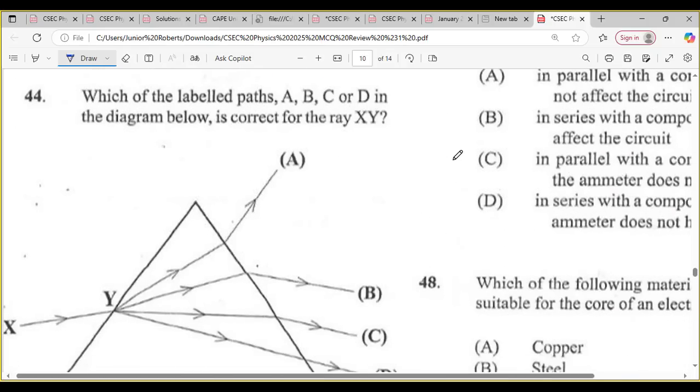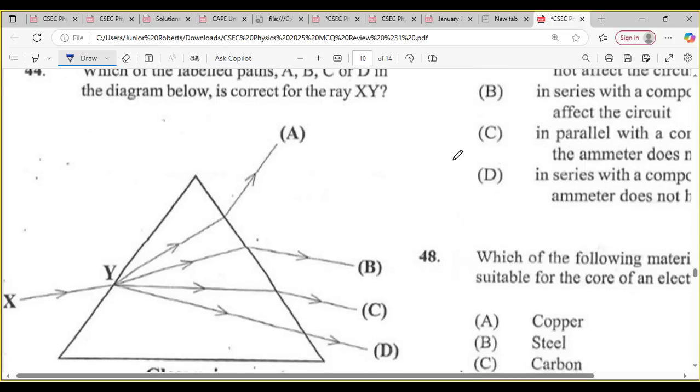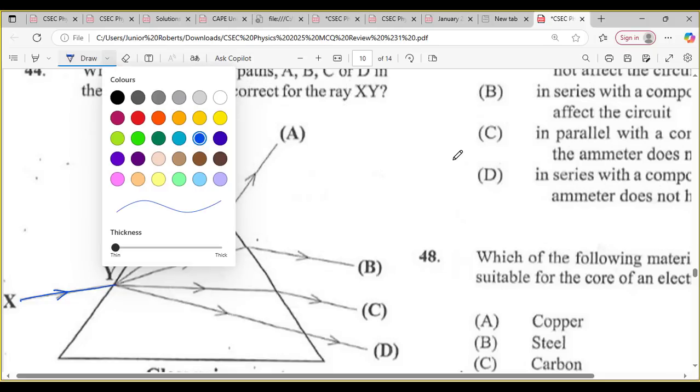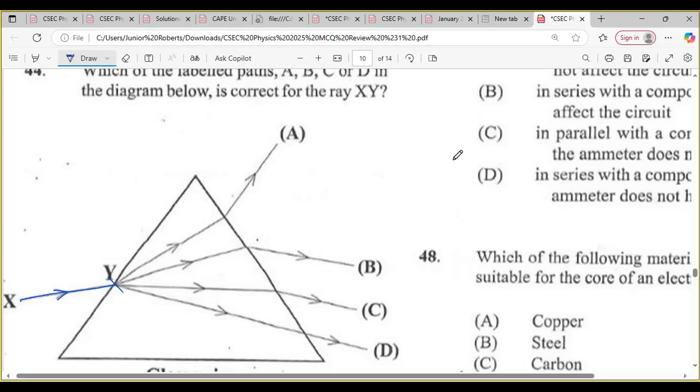Now 44 says, which of the labeled paths A, B, C, or D in the diagram below is correct for the ray X, Y? So we have XY traveling like that. It's going from air to glass, so it is going to undergo refraction.